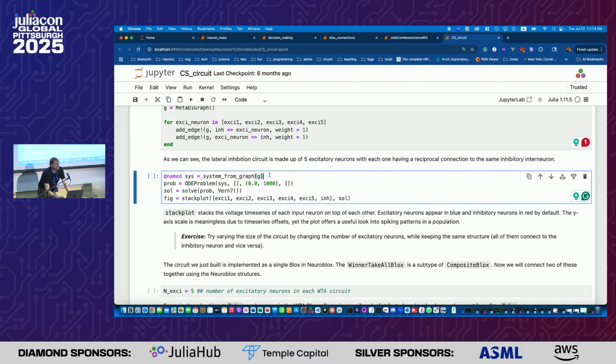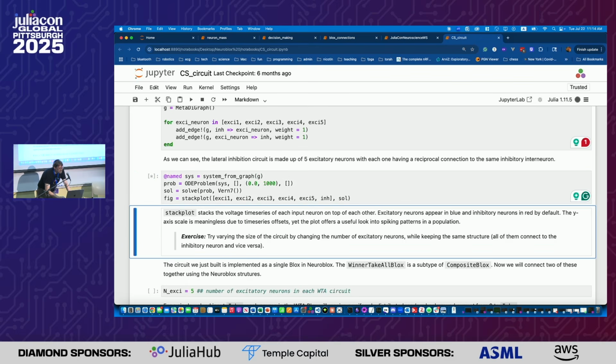Right? So it eliminates all the junction points, all the algebraic equations that are not necessary. Then it creates an ODE problem we are simulating over 1,000 milliseconds, and then solves it using a Vern7 solver, which is essentially a Runge-Kutta 7th order solver.